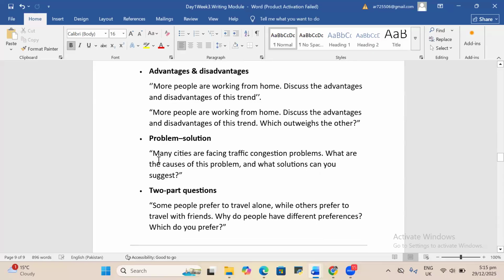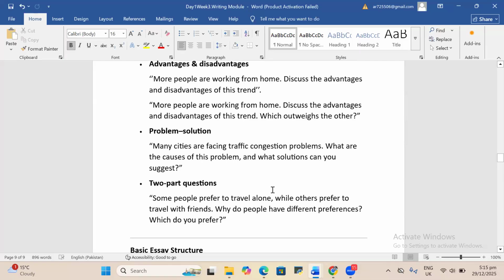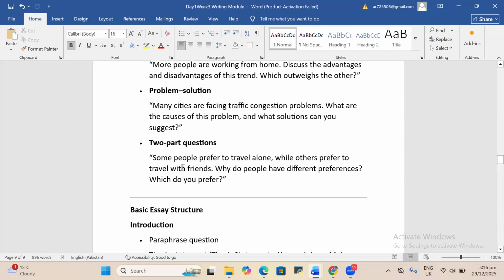Problem solution: many cities are facing traffic congestion problems. What are the causes of this problem and what solutions can you suggest? So if you see this statement, you can easily know that this is problem solution. And two-part question, in which some people prefer to travel alone while others prefer to travel with friends.